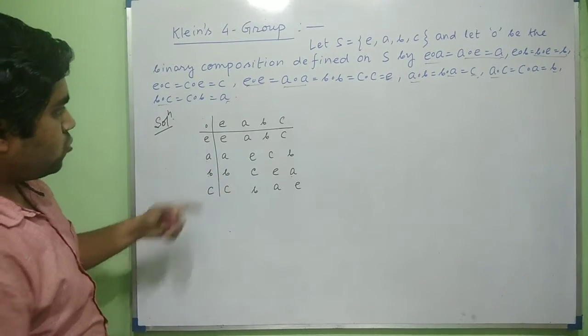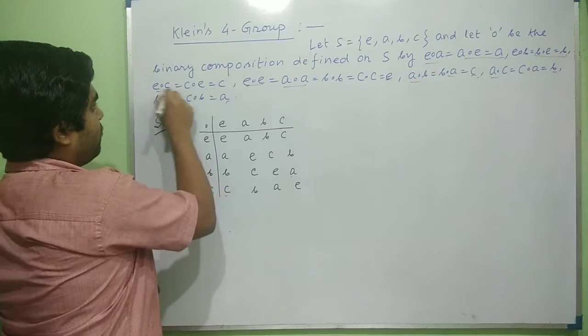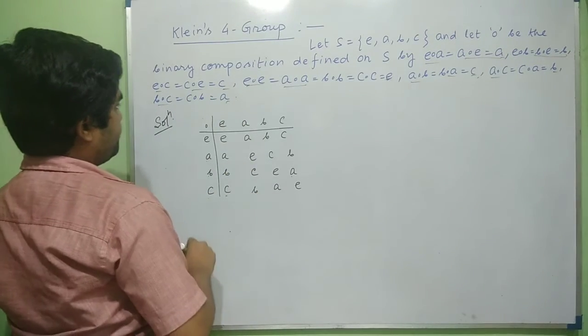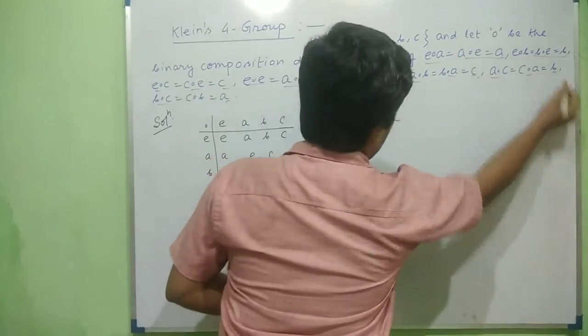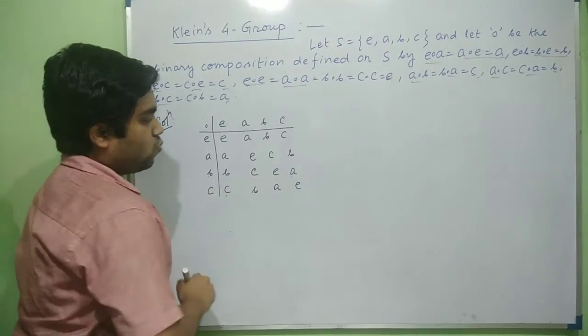And now with the composition of c, c o e equal to c. This is a given relation. c o a equal to b, and c o b equal to a. c o c equal to e.